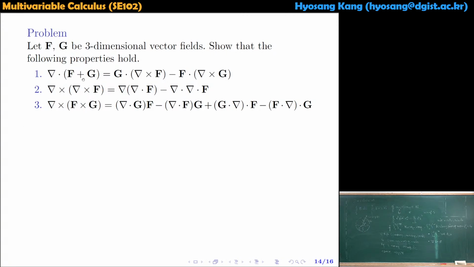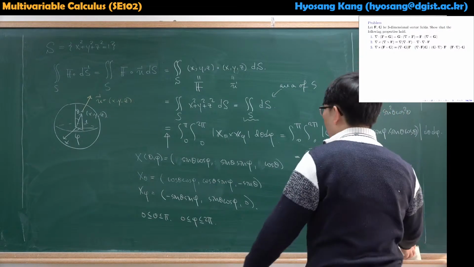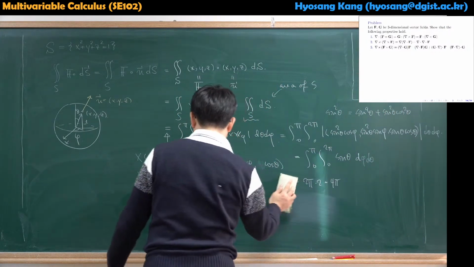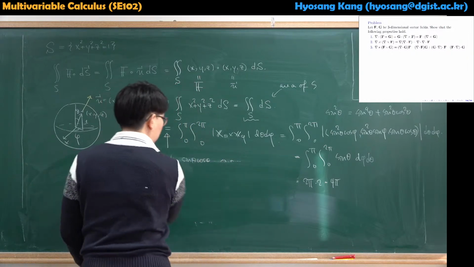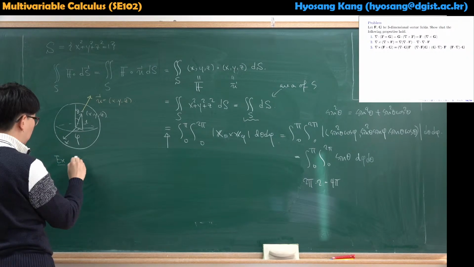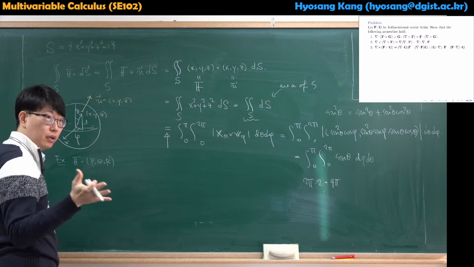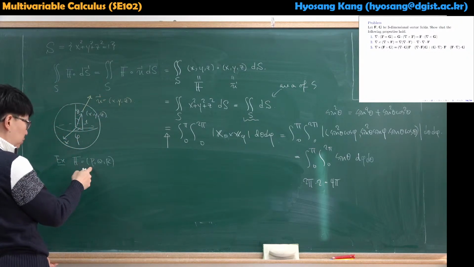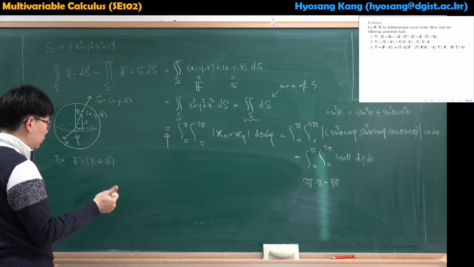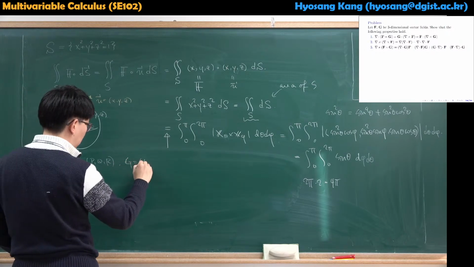For example, if you want to do the first one, let me show you how it can be done. Just take F to be PQR. These are three-dimensional vectors, so each of P, Q, R is a three-variable function, and let's say G to be ABC.